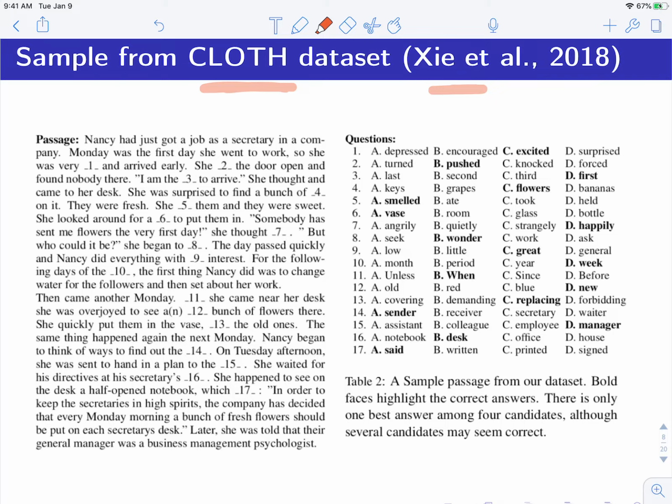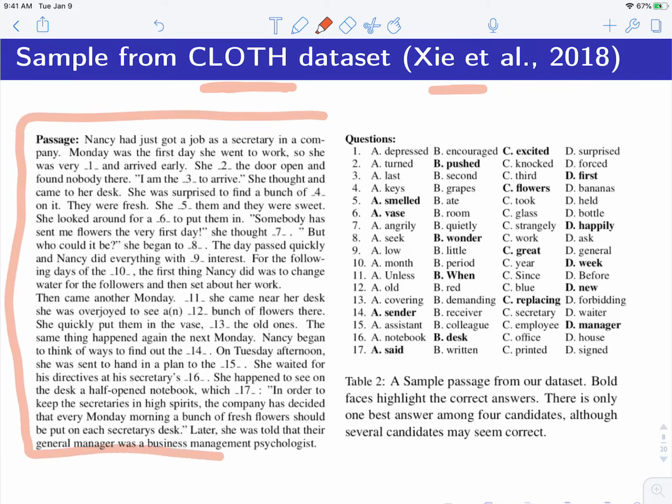So basically, you have a passage, and you go ahead and remove some words. You remove this word, and you ask a learner, what was the word that is removed? I'll give you 4 choices, and now it's your role to tell me what is the word that best fits.